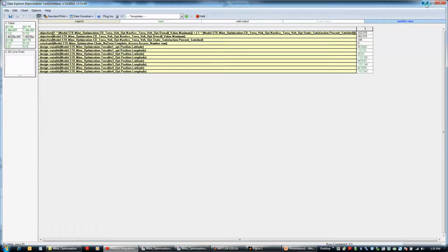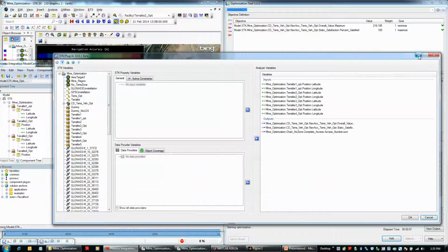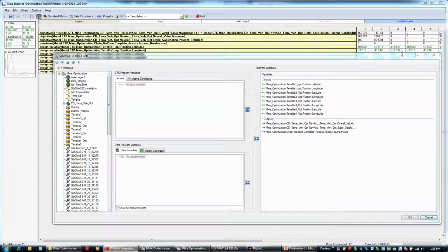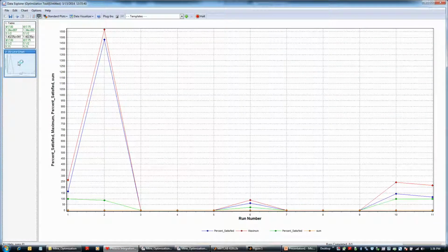It is starting a simulation. You can see the values coming in, and you can see the terralites placed at various locations. It is changing the positions, and this is how I got the results I had shown earlier.